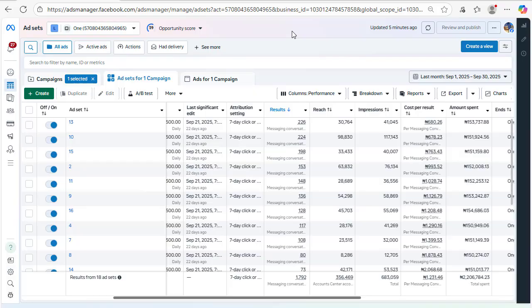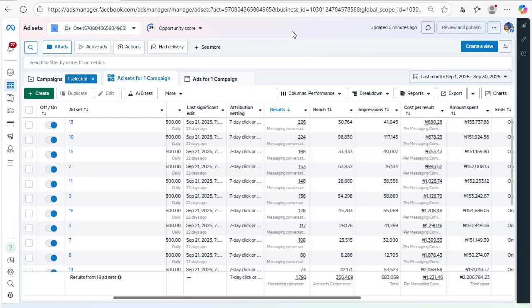But when you start moving your daily budgets further to something like 300, 500, 700,000, or even a million per day, not per month, like your ad budget is 1 million per day, then another major factor comes into play. Now you are not working only with the creative, you are going to be working with angles as well. You are going to be working with the audience as well.